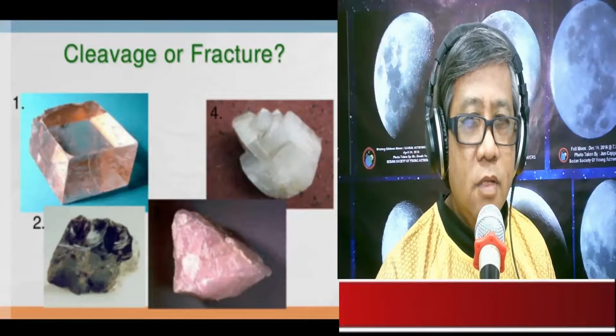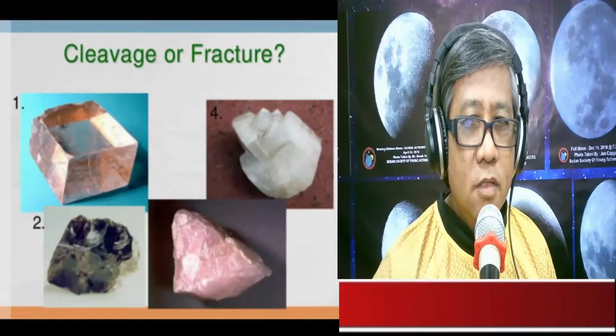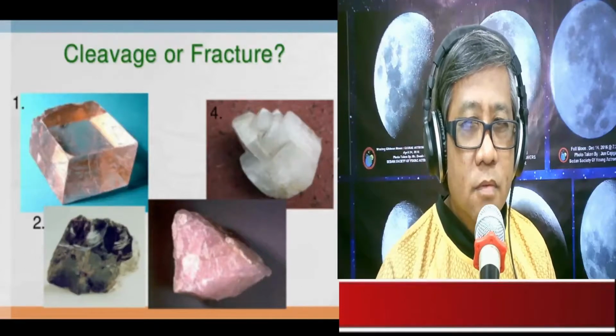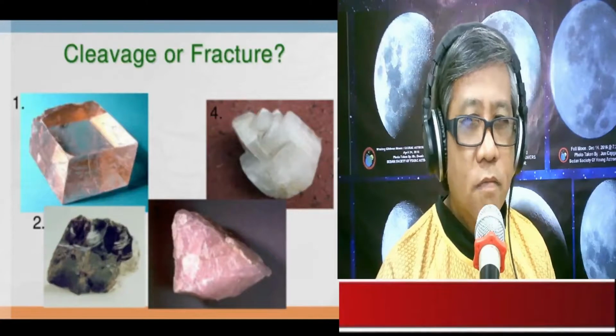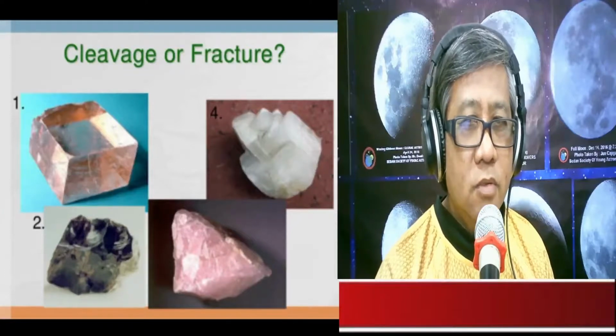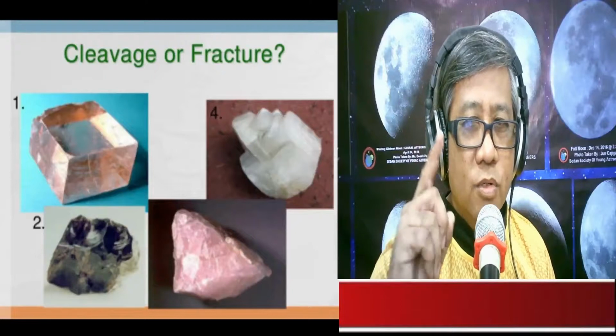Alright, so if your answer is that number 1 exhibits cleavage, then you're correct. Now, look at number 2. Now, does number 2 exhibit cleavage or fracture? Okay, so if your answer is that number 2 exhibits fracture, then you're correct.